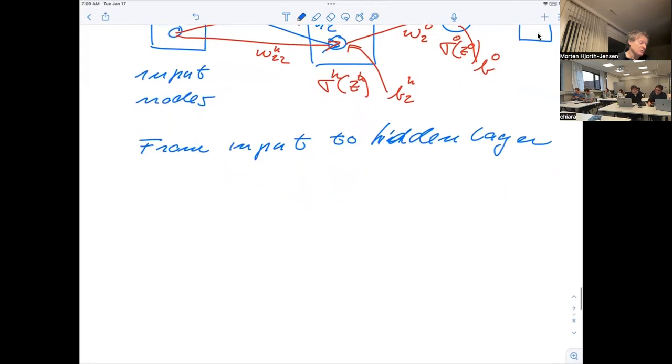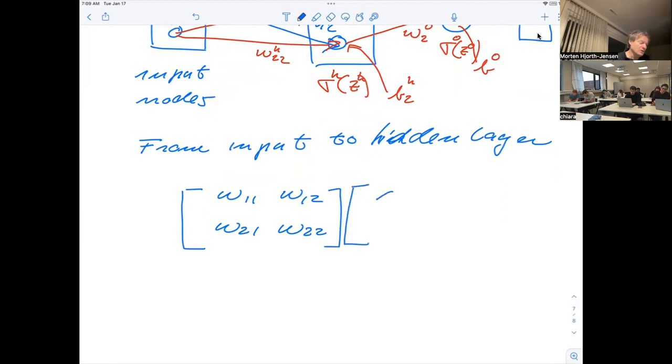This is something which we now could express mathematically in terms of a matrix W with the matrix elements represented by these nodes. So these are unknown parameters, and we multiply this with x1 and x2 here.